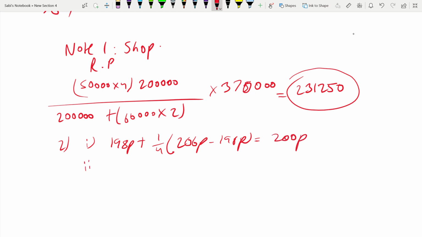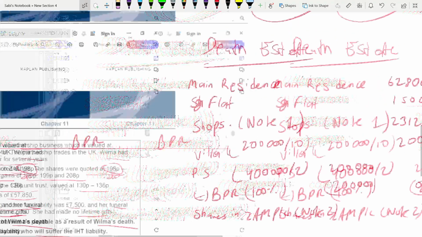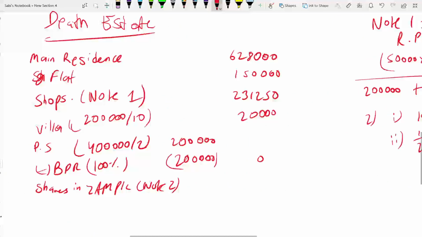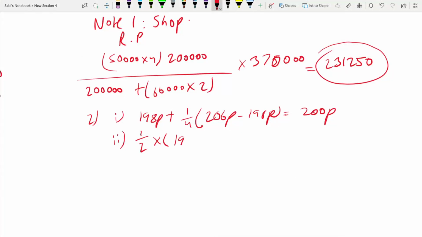This is the result of average. So quarter up. Average is the highest and the lowest marked bargain. So half into highest and the lowest marked bargain. If they don't give the bargain, then we'll simply take the 198 and 206. But since they have given you the bargain, what is the lowest? 196 and highest is 208. Okay. So 196 pence plus 208 pence, 202 pence. The low is this one, average. I'm sorry, I always confuse the average. It's quarter up, 200 pence. So we have to use 200 pence.